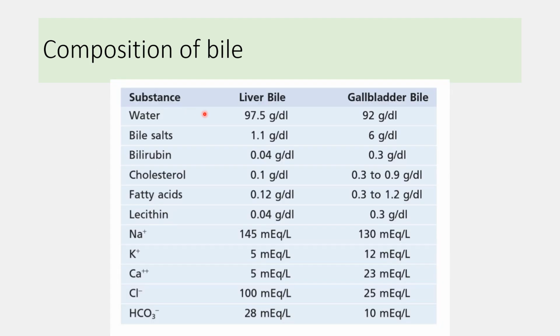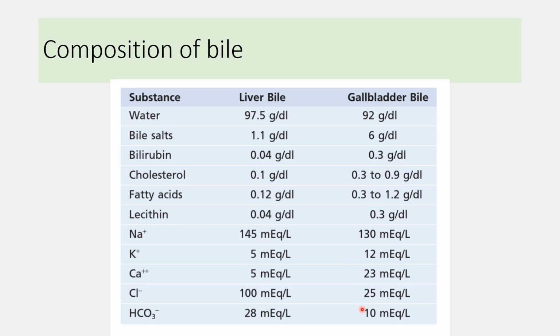This slide shows a comparison between the liver bile and the gallbladder bile. Now look at the sodium, chloride, bicarbonate and water. Due to active reabsorption of sodium, the concentration of sodium inside the gallbladder bile decreases, which is followed by reabsorption of chloride and bicarbonate.